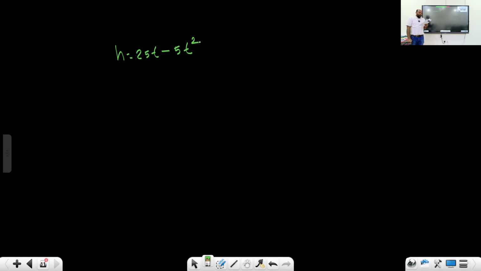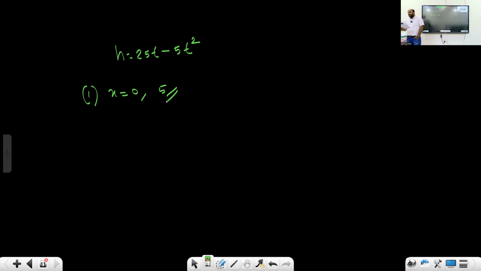First question, write the zeros of the given polynomial. Check the graph, then tell me the zeros. t equal to 0, 5. Where the parabola intersects the x-axis is the zero, that is 0 and 5. So those are the zeros.